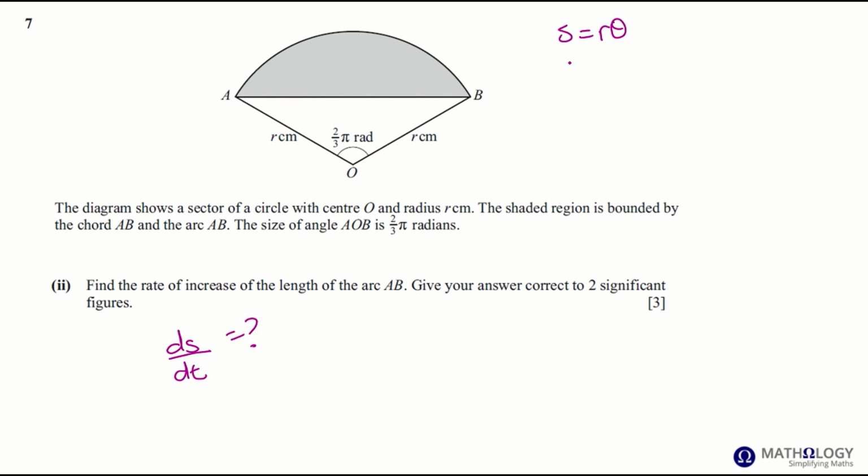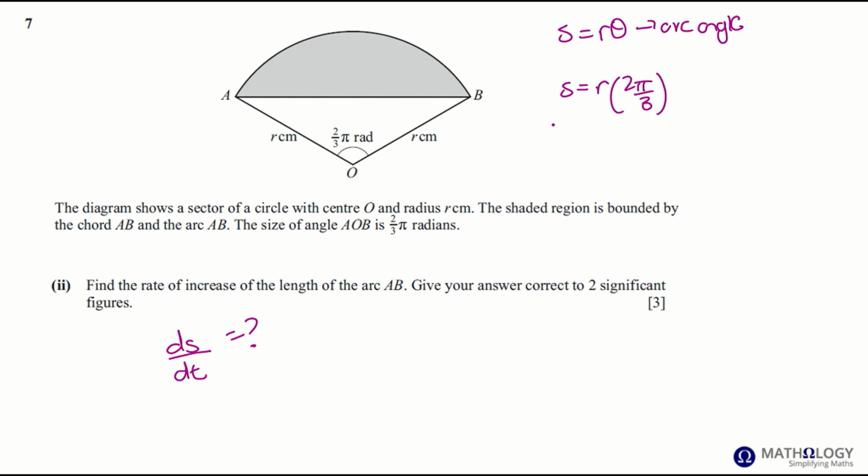So we need an expression now for the arc length AB. Clearly we need an expression for the arc length. S equals r theta. So S equals r times this theta here, which is the arc angle, which in this case is 2 pi by 3.